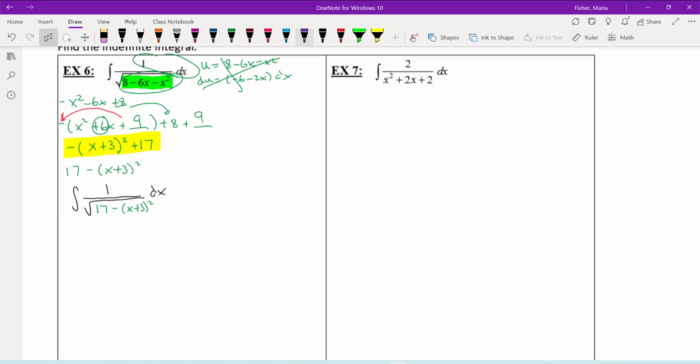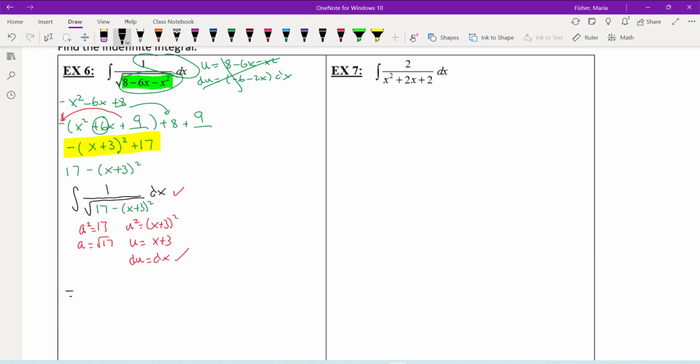We need to identify what is a, and what is u, and what is du. Well, a, remember, is always the number, so a squared is 17, therefore a is the square root of 17. u squared is equal to the variable x plus 3 squared, therefore u would equal the square root of that, x plus 3, and du, the derivative, would equal dx. That's perfect, that's exactly what I have.